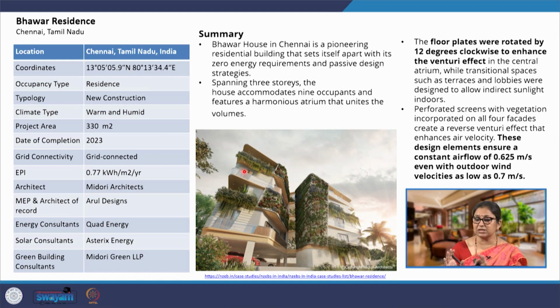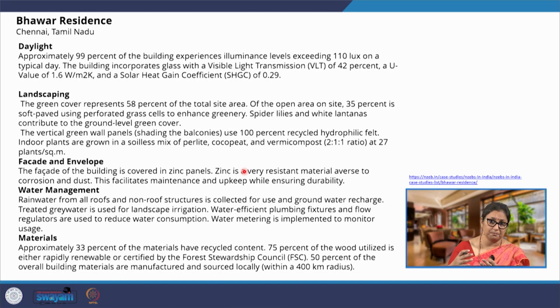They have rotated the plates beautifully to enhance the Venturi effect in the atrium. So, there is an atrium, not a courtyard like the previous example that we saw, but an atrium which facilitates light and also ventilation, both of these things. An open courtyard also facilitates light and ventilation. Here the atrium is facilitating the light and ventilation.